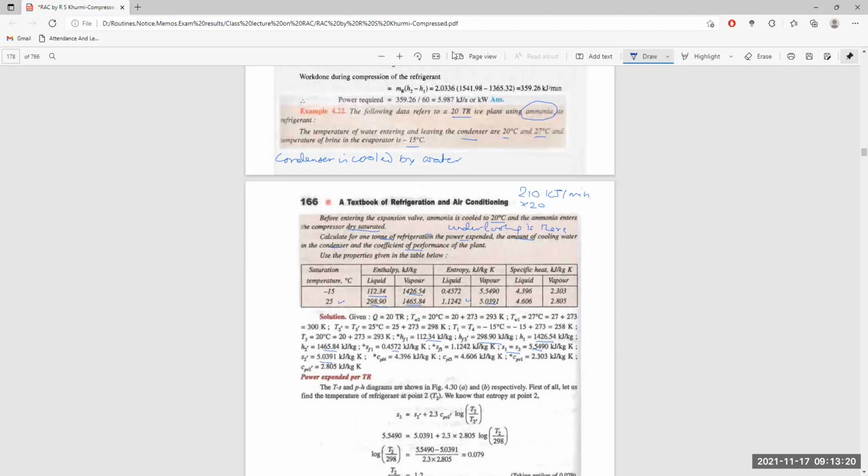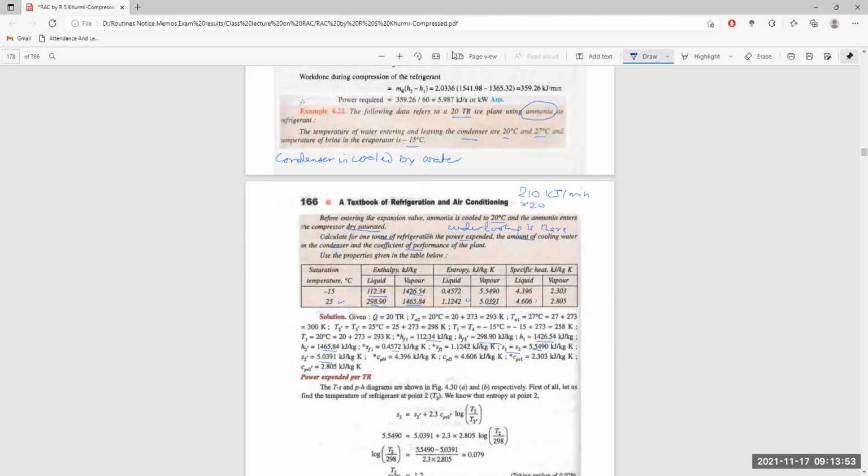So the specific heat of the liquid at point 4, of the liquid ammonia, is given as 0.396, and the specific heat of the liquid ammonia at high temperature is given as 0.396.